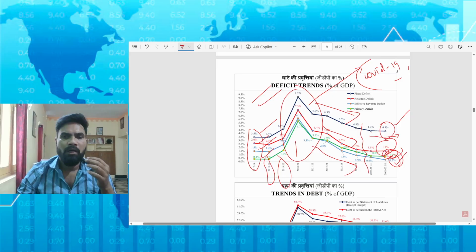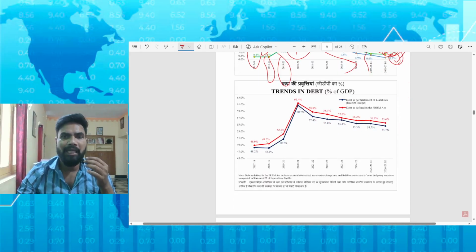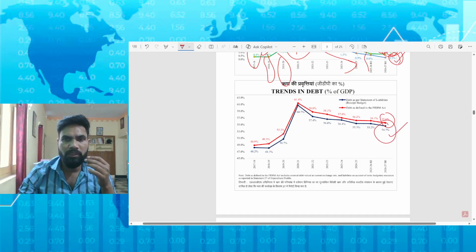Then, if you see the trends in debt of the government as a percentage of GDP, the debt as defined in the FRBM Act is 55.6%, then debt as per the statement of liabilities in the budget stands at 54.7% in this budgeted estimation. If you take the previous year's revised estimates, it stands at 55.2%.